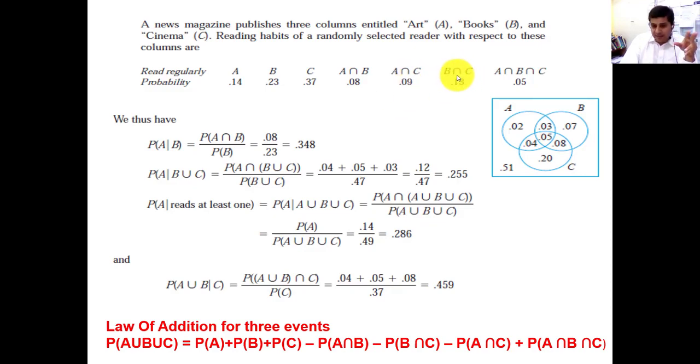This is specifically the mutually inclusive items. B intersection C, books and cinema, they read books and they also go for cinema, is 0.13. And this one is A intersection B intersection C. These are the people who read art, who also read books, and they also go for cinema. All these are mutually inclusive.